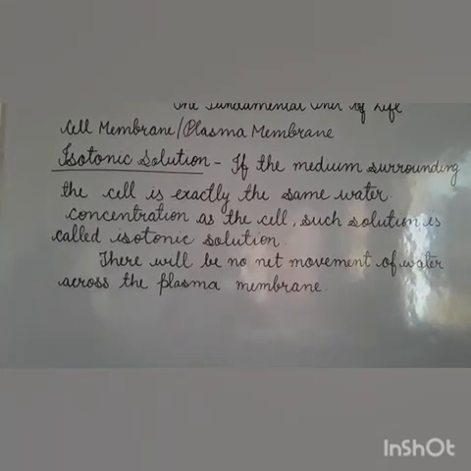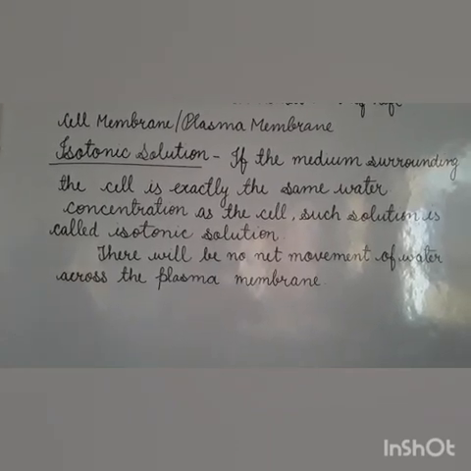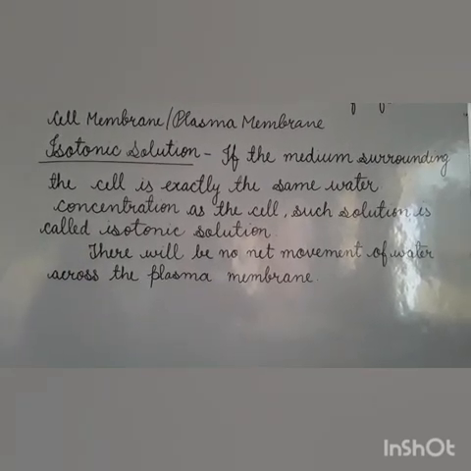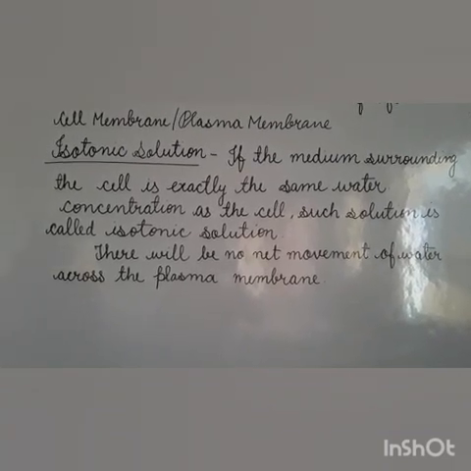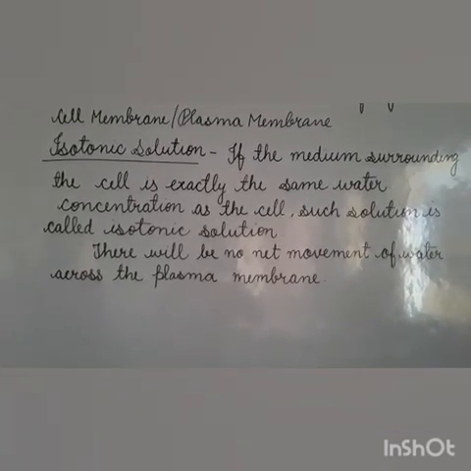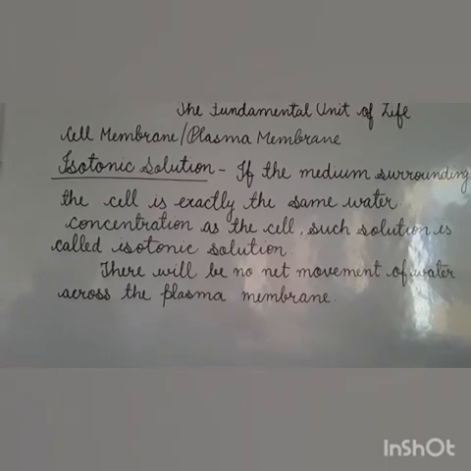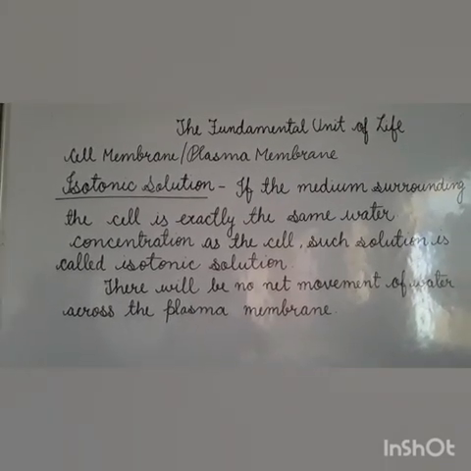When we have kept a cell in a surrounding medium where the concentration inside the cell and the concentration in the medium in which we have kept it are the same, this type of solution is called isotonic solution.